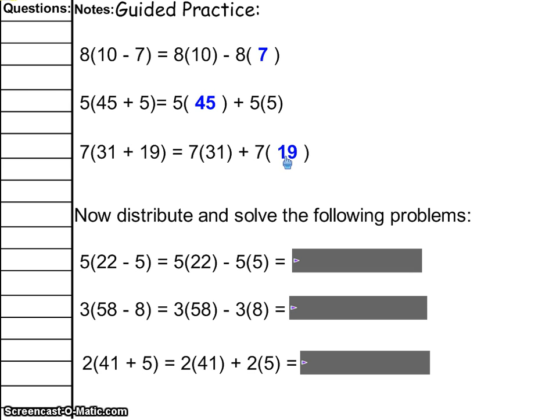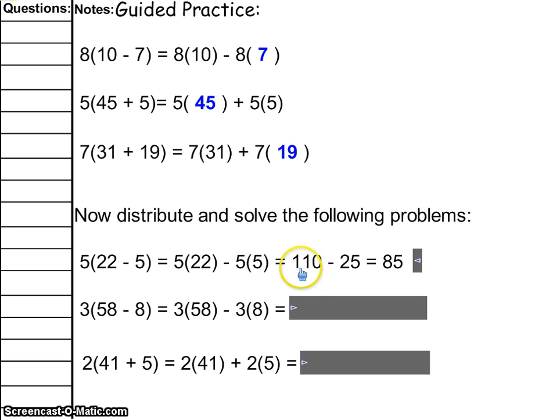Now that we've kind of gotten the hang of distributing the number on the outside of the parentheses to what's on the inside of the parentheses, now let's try to solve the problems. So here we're going to distribute and solve the problems. 5 times (22 minus 5) equals 5 times 22 minus 5 times 5 when you distribute it.